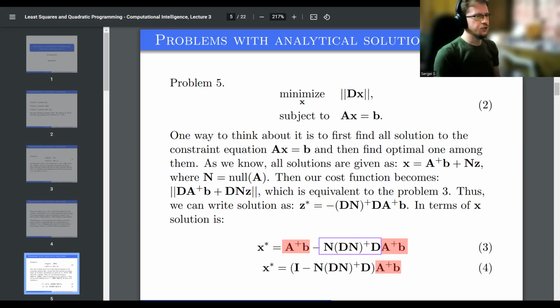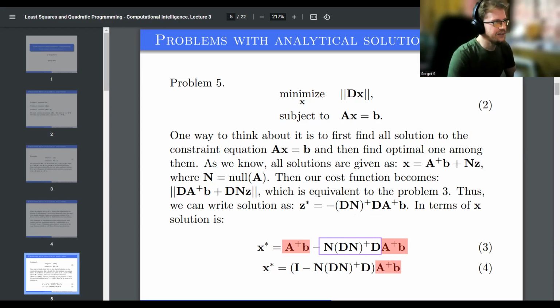So this N times DN, so the inverse times D, that shape should remind you of the formula for the pseudo-inverse. And it should even more so make you think, what happens if D is identity?